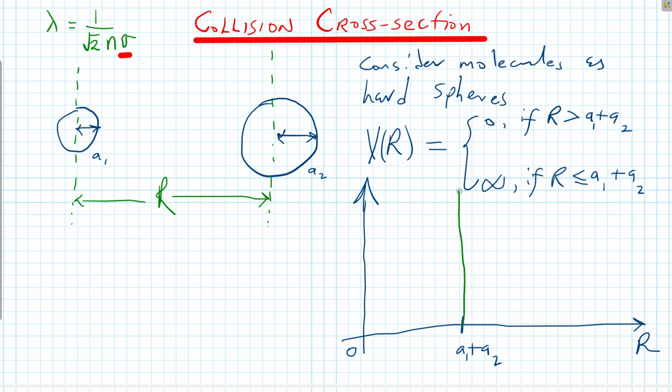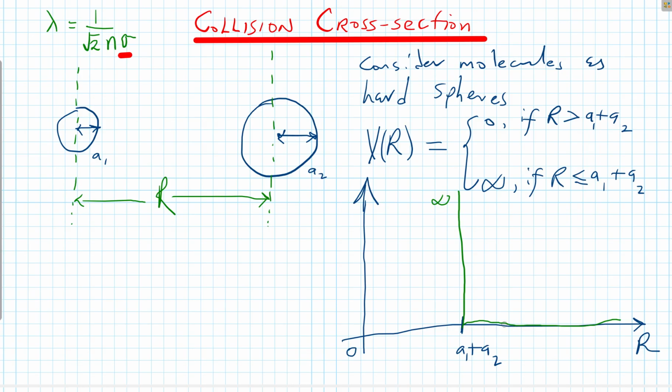It's going up, saying that it's really huge, taking infinite values. So the energy is really infinity. But when R is greater than A1 plus A2, then there isn't any potential energy between the two balls, and then we have here the green line showing that V is 0.